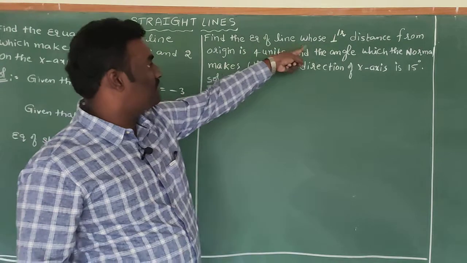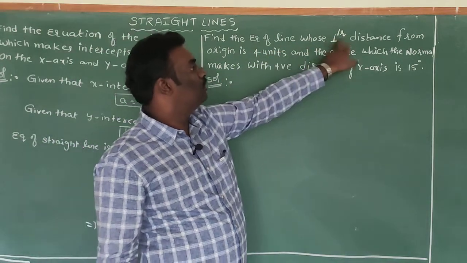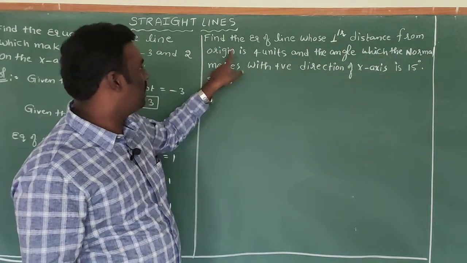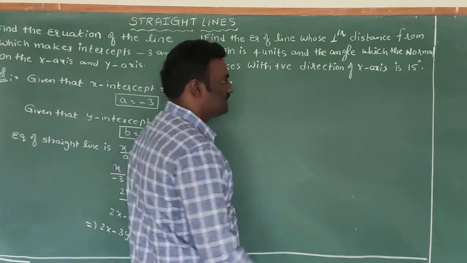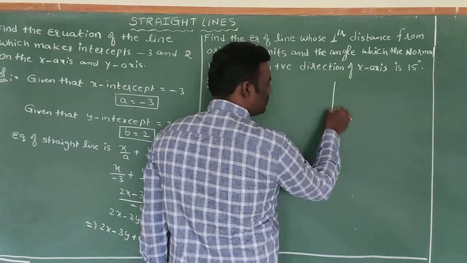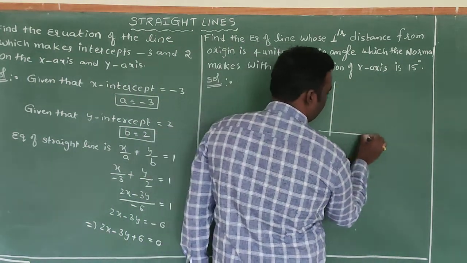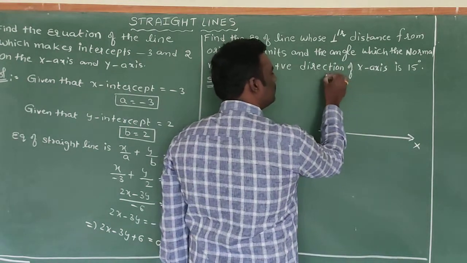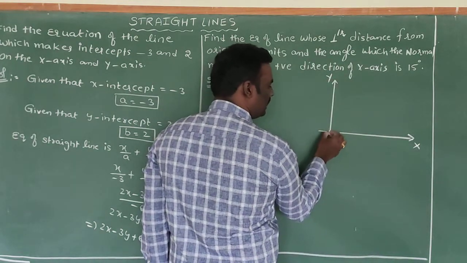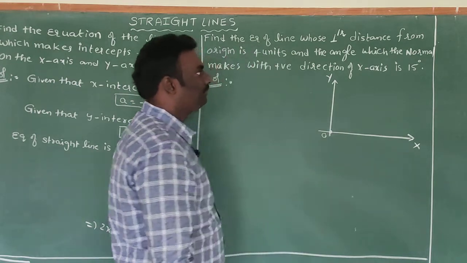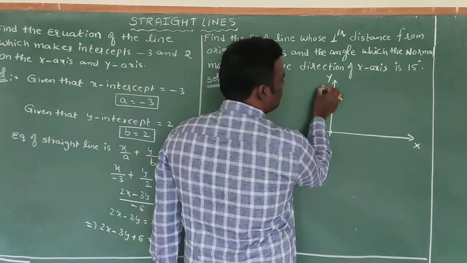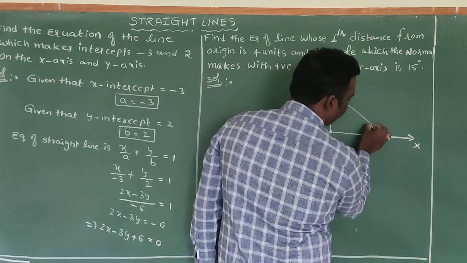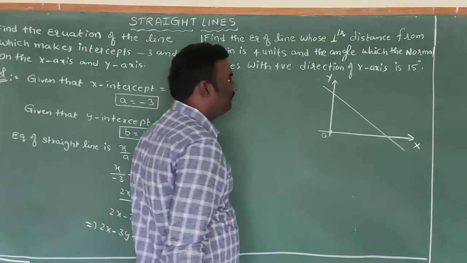Find the equation of straight line whose perpendicular distance from origin is 4 units. First, you draw a coordinate axis, x axis, and this is y axis, and this is origin. You take any straight line, this is the straight line.